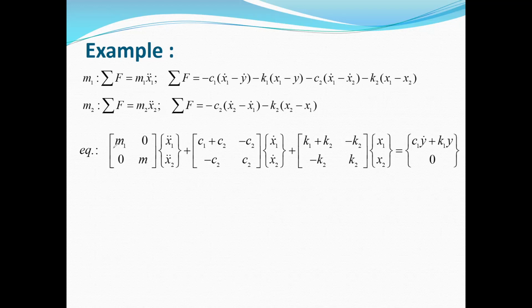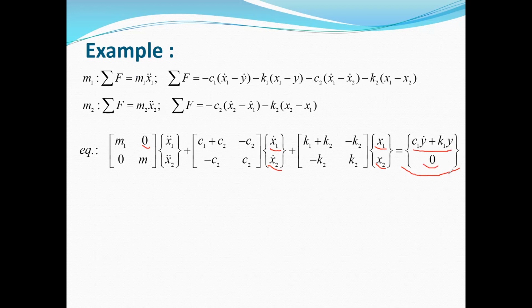Here in the first equation, the coefficient of x2 double dot is 0, but we have x1 dot and x2 dot, and also x1 and x2, because both matrices C and K are non-diagonal. Also we have non-homogeneous terms in the first equation, but the second equation is homogeneous.